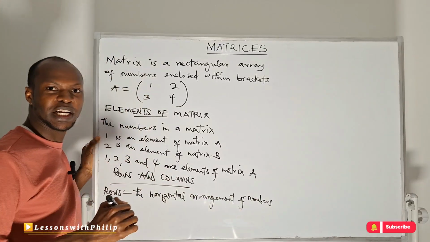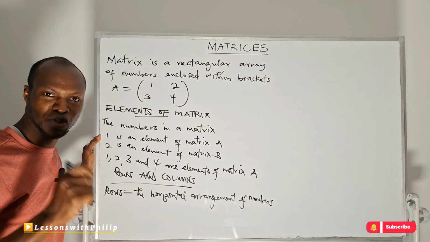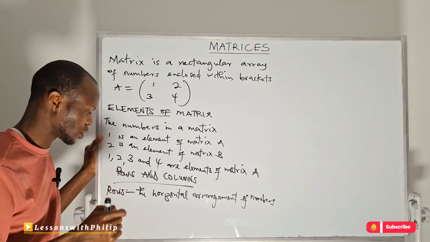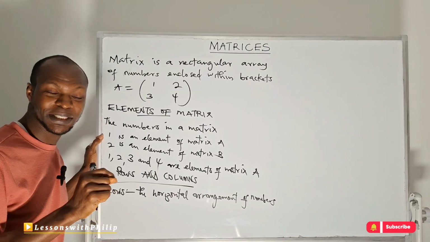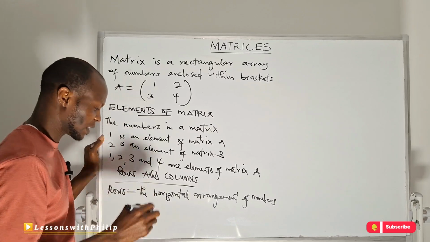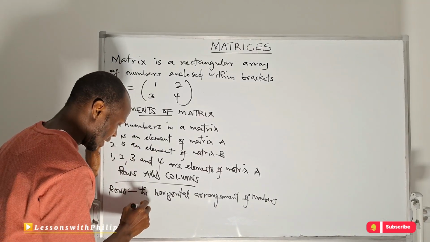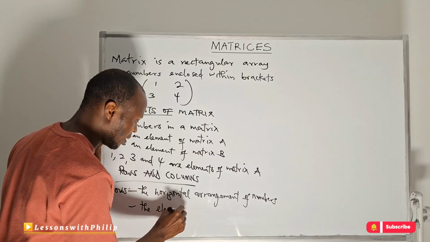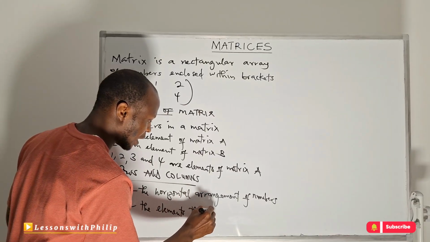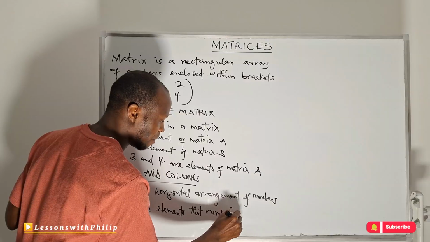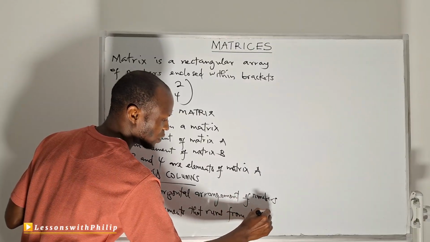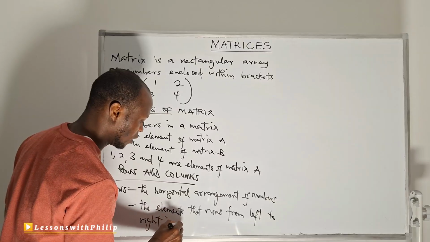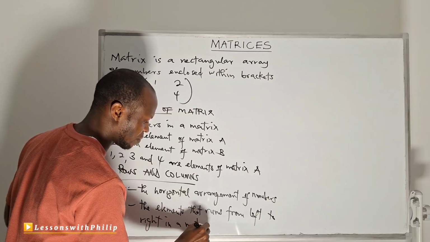The horizontal arrangement of numbers in a matrix is known as the rows of a matrix, and they are the elements that run from left to right in a matrix. I'll give you an example, don't worry.